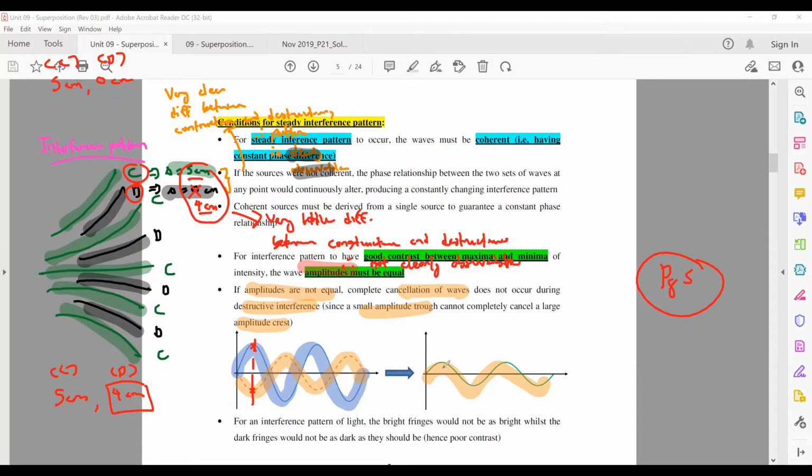You're still going to get some little bit remaining. All right, so you do this for the entire wave. This is the resulting waveform. Okay, so here you see you don't have complete cancellation. That is actually what caused your amplitude here for destructive interference to be at 4 centimeter. Okay, so back to that little question.